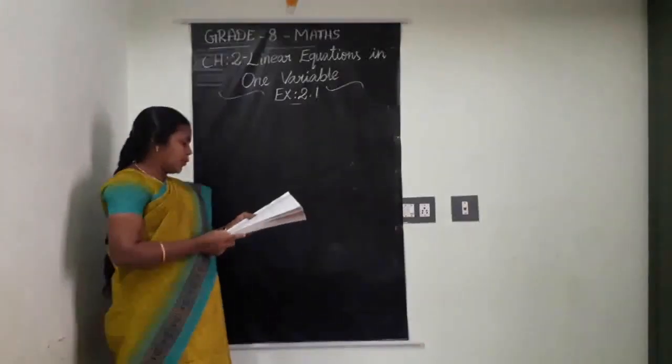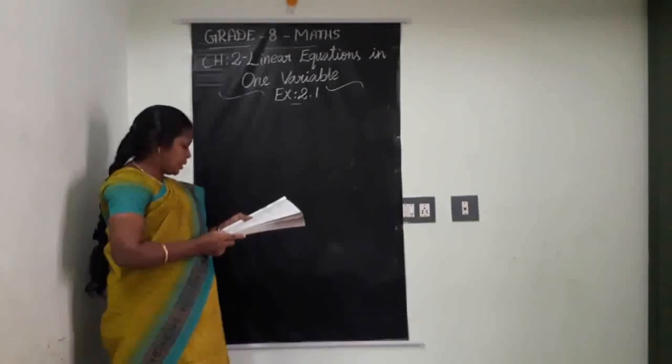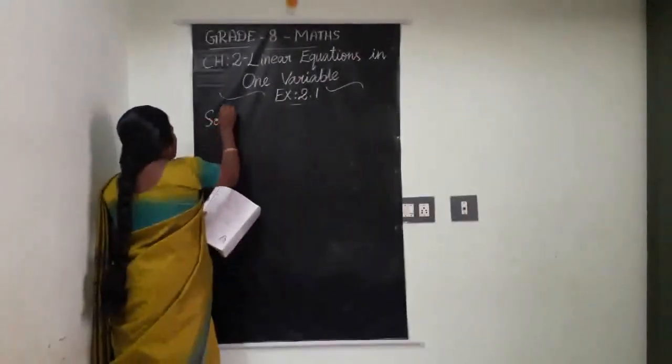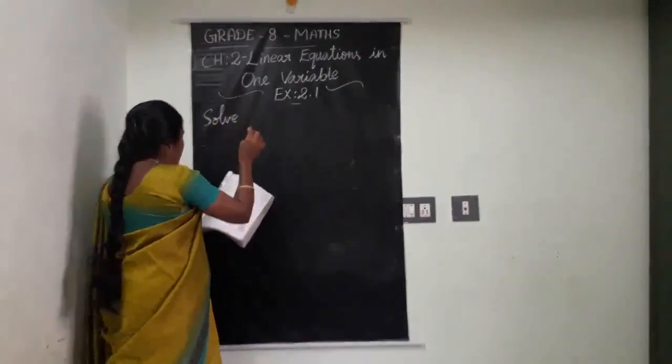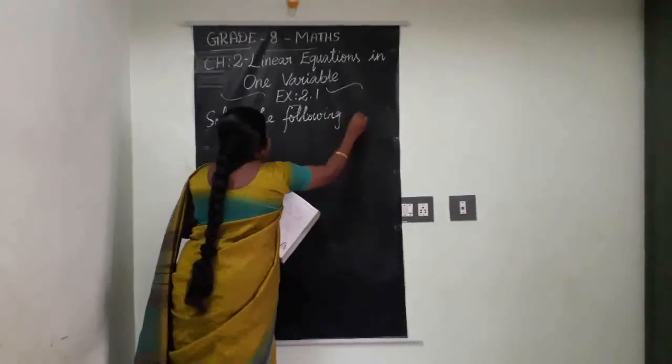See, now we are going to see exercise sums. Clear? In exercise 2.1, we are going to solve some equations. See, the first question, the heading is: solve the following equations.